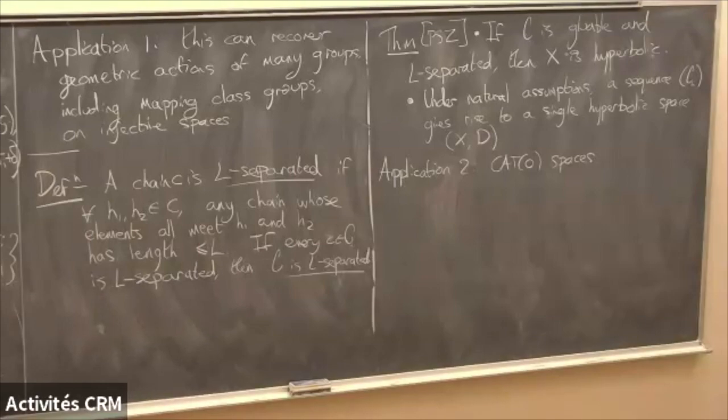Application 3 is to spaces with contracting geodesics. Yeah, let me just paraphrase what Abdul said there, is if S is a metric space where more geodesics are strongly contracting.